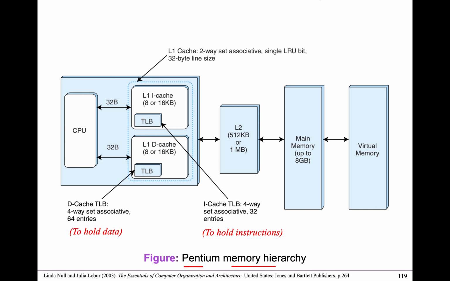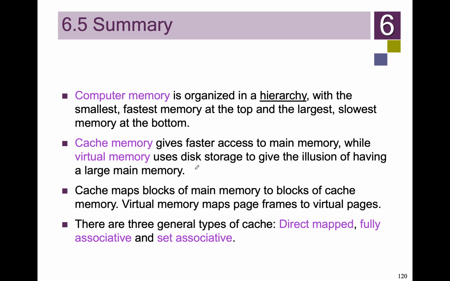This is like the parameters also, if you still remember, but this is how it's connected to each other. And among that, you can try to summarize that computer memory is organized in a hierarchy, with the smallest, fastest memory at the top and the largest, slowest memory at the bottom. So this is about our pyramid on the hierarchy.